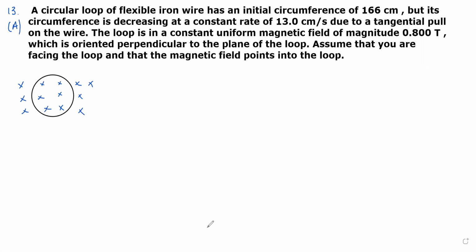So in however many seconds, it will be like this, whatever, right? So it goes from wider to narrow. We are obviously changing the area and therefore changing the flux, right, as our loop goes from bigger to smaller at a rate of 13 centimeters per second of the circumference. So this is what we're dealing with.